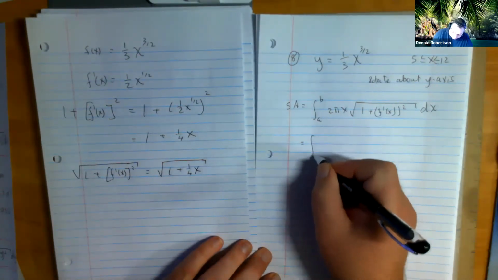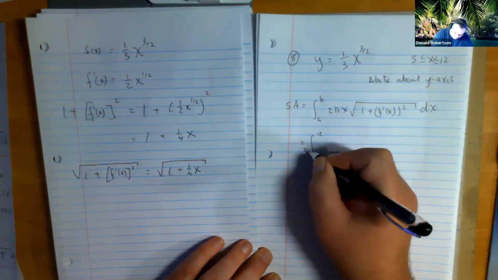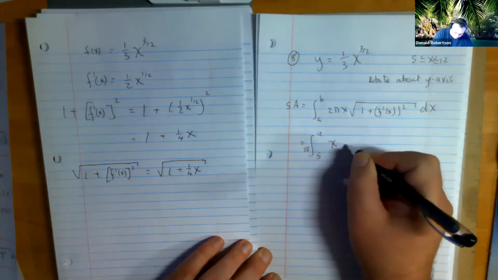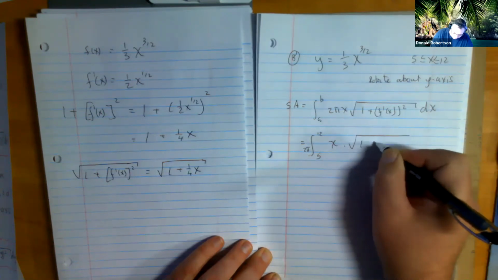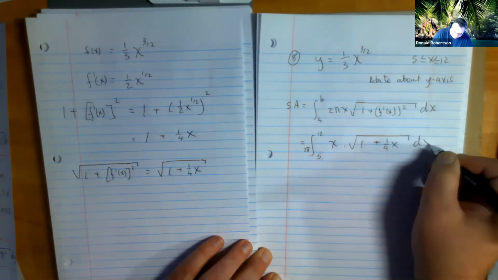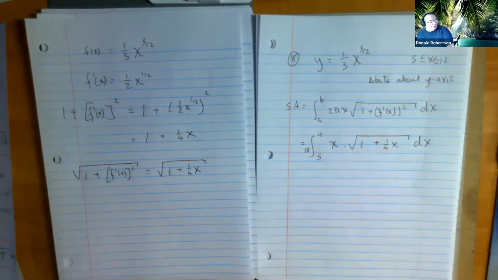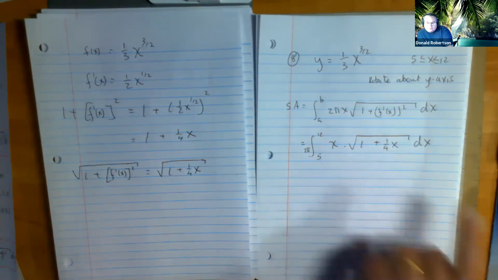And so I have the integral from 5 to 12, 2 pi. I have an x. I have this square root of 1 plus a quarter x. And I have a dx. Now, I would have loved that to be nicer, but sometimes you don't get what you want. That's as good as that's ever going to be.